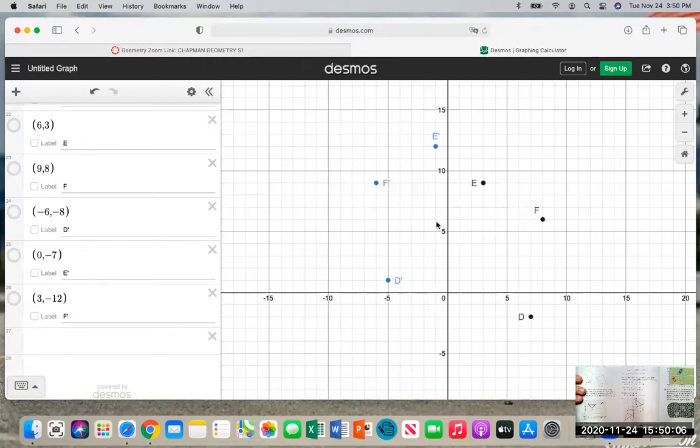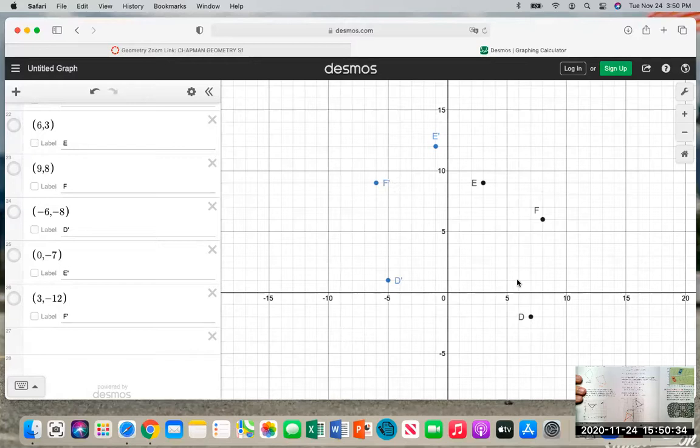So I don't think I have to shift it left. Let's look at shifting these up. If I shift E up 1, 2, 3, it would be right next to E prime. If I shifted F up 3, 1, 2, 3, take a look at that. It's right next to F prime. And then if I shift D up 1, 2, 3, it's going to be right next to D prime. Huh, okay.